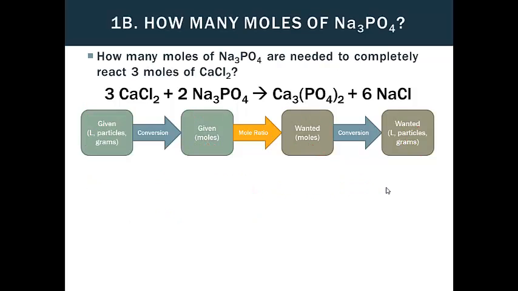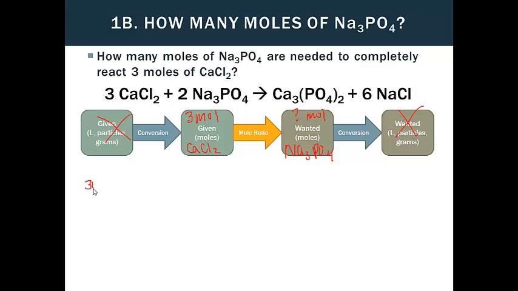All right. Next problem: how many moles of Na3PO4 are needed to completely react with 3 moles of calcium chloride? This time my given is 3 moles calcium chloride, and my wanted is how many moles of Na3PO4. I don't need these boxes, don't have to do any conversions, I'm just going to use a mole ratio.